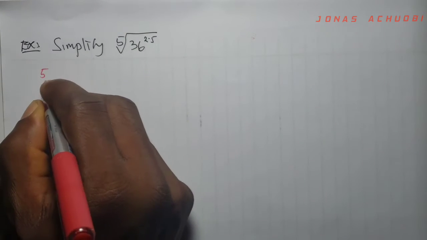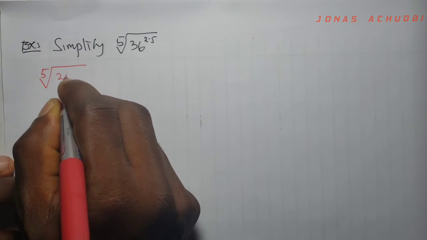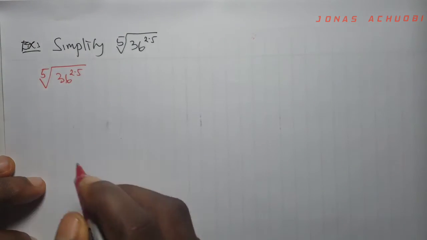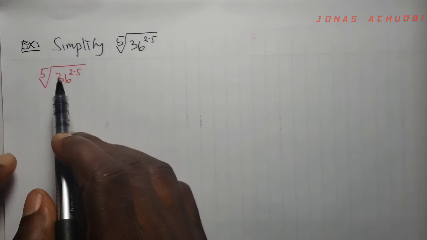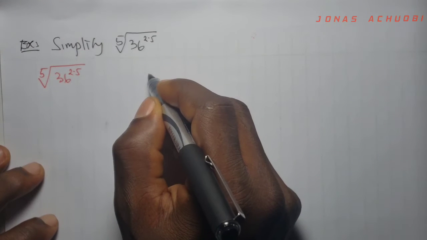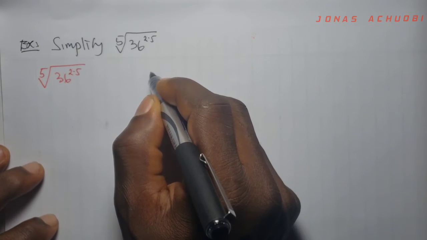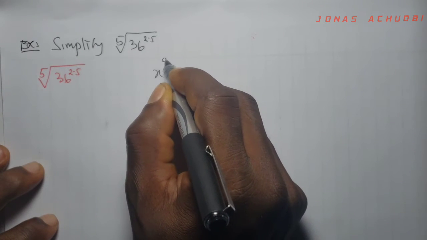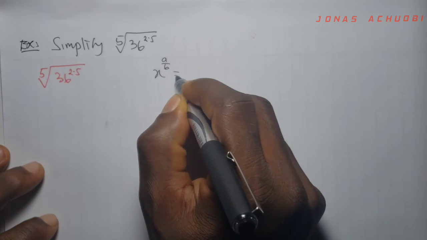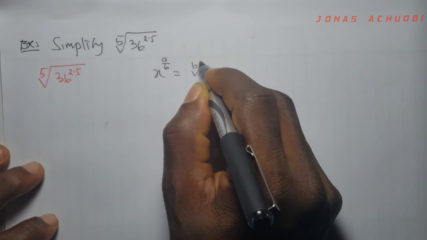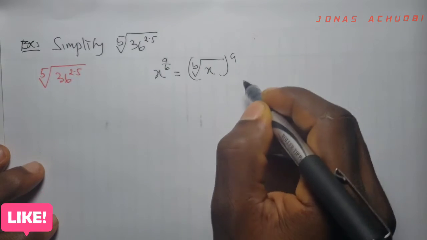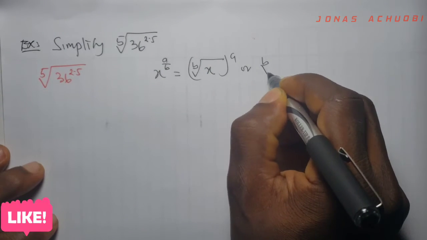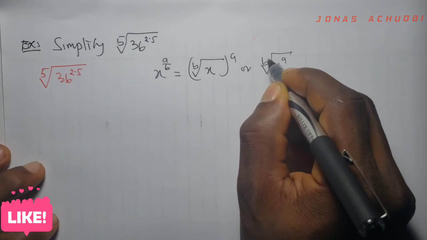So we have the fifth root of 36 raised to the power 2.5. The first law that comes to my mind here is the fractional index law, or fractional power law, which says that x raised to the power a over b can be written as the bth root of x raised to the power a.